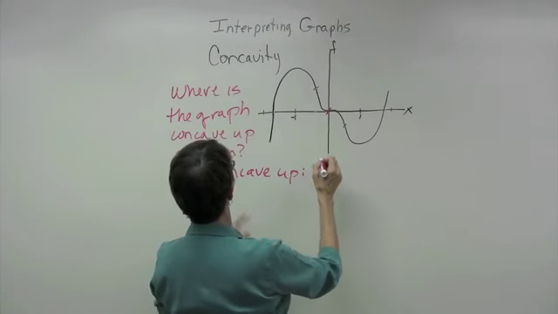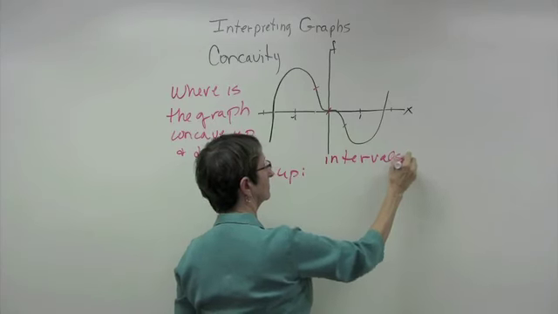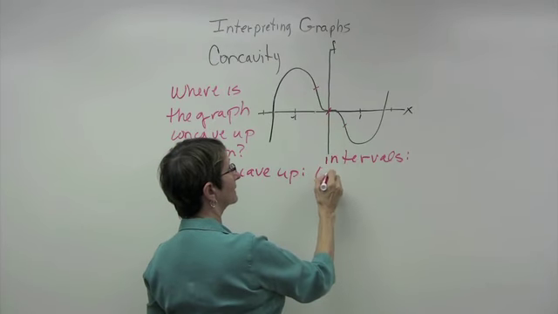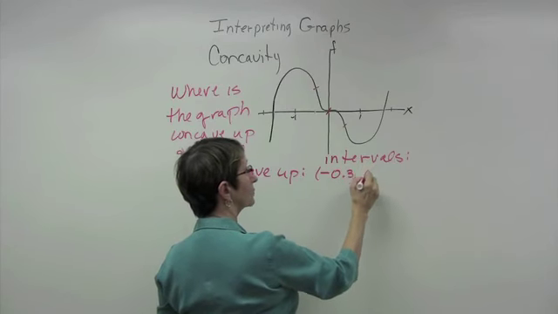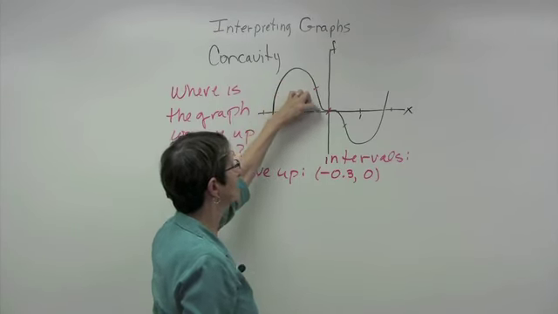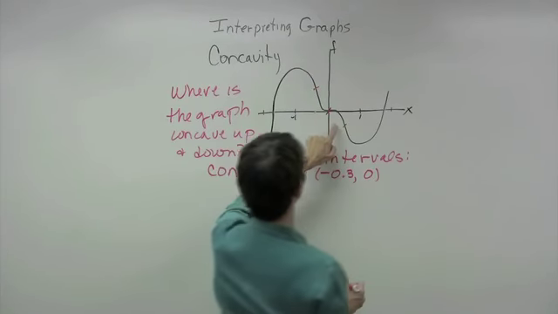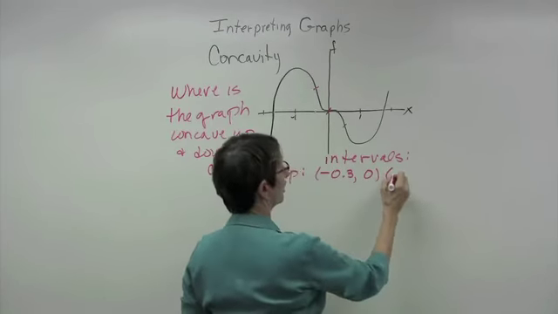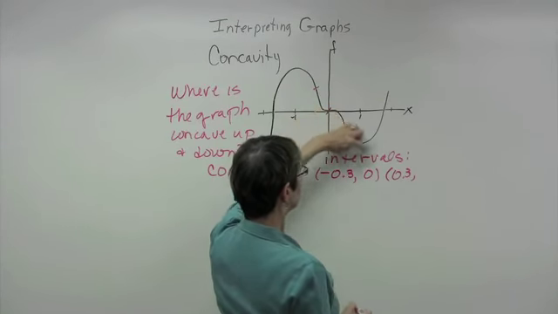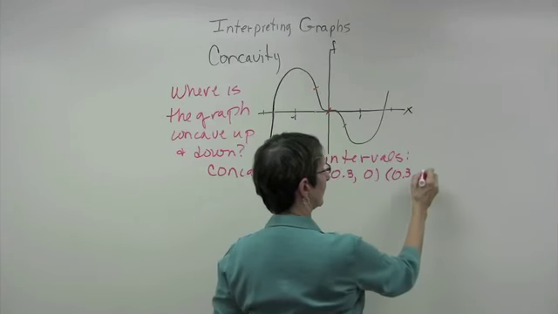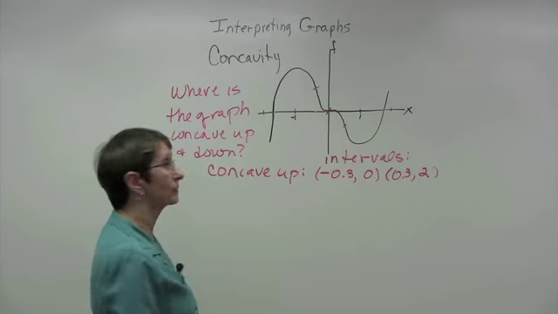So my interval would be from about -0.3 over to 0. It cups up just to there, switches to down, starts again over here, which looks like I'm going to call it +0.3, until the graph ends. If this is 1, we'll say that's 2. So that's where it is concave up, on those intervals.